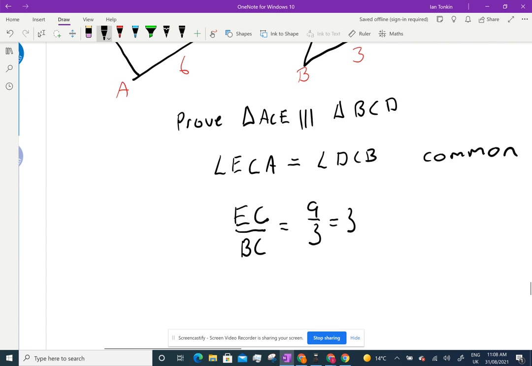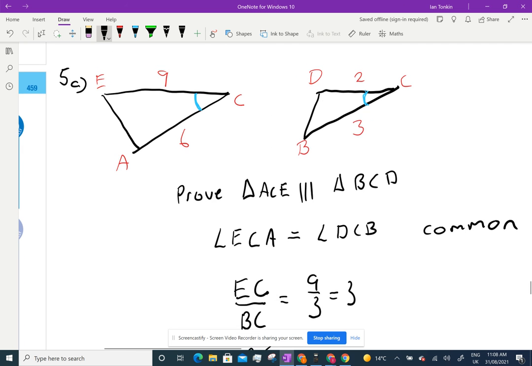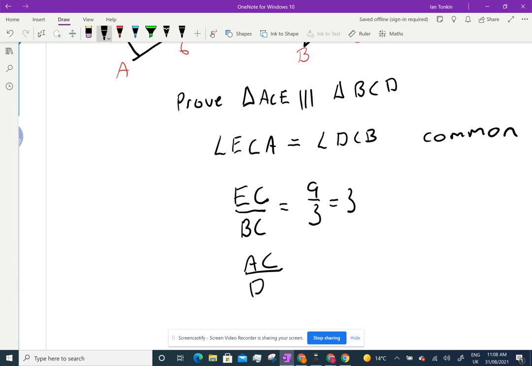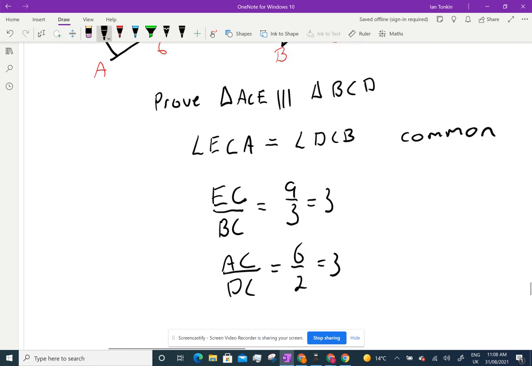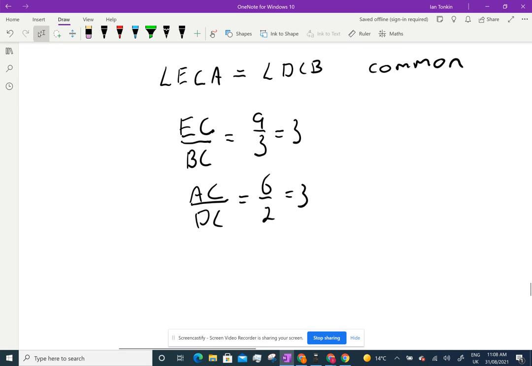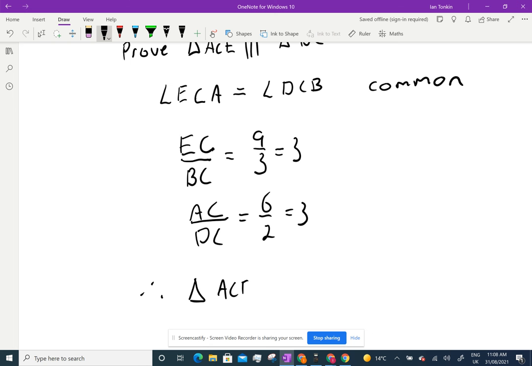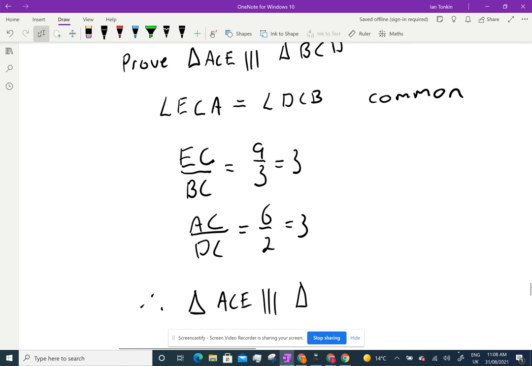And let's do the two small sides. AC on DC equals 6 on 2, which equals 3. So you've shown that the two sides, so therefore triangle ACE is similar to triangle BCD.